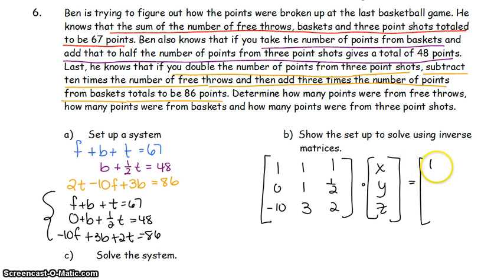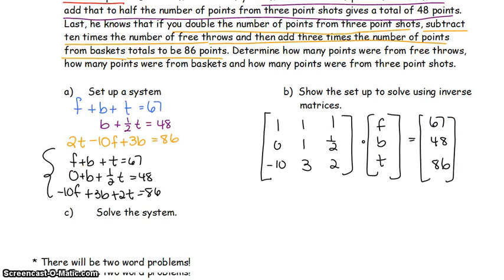Our solution set is 67, 48, 86. Let's go ahead and change that to our f, our b, and our t so we don't get confused. And this is going to be our A, our X, and our B. When we are solving, we take the inverse of A and we multiply it by B.